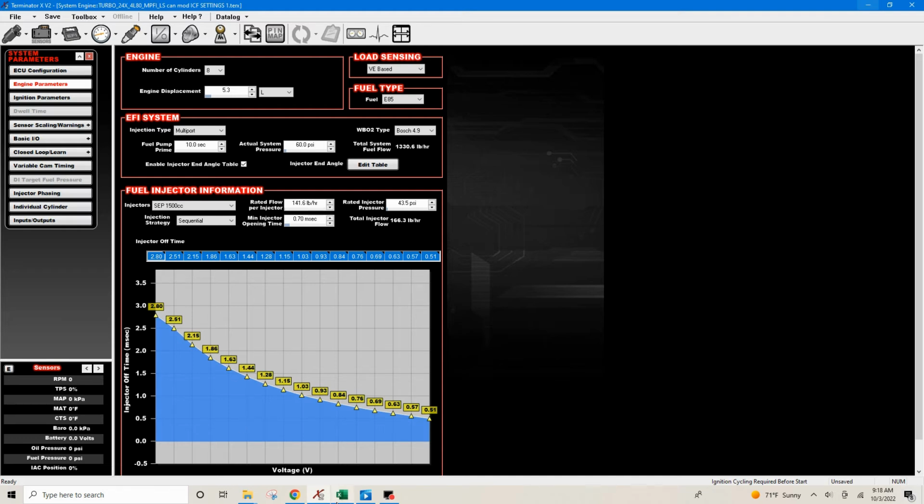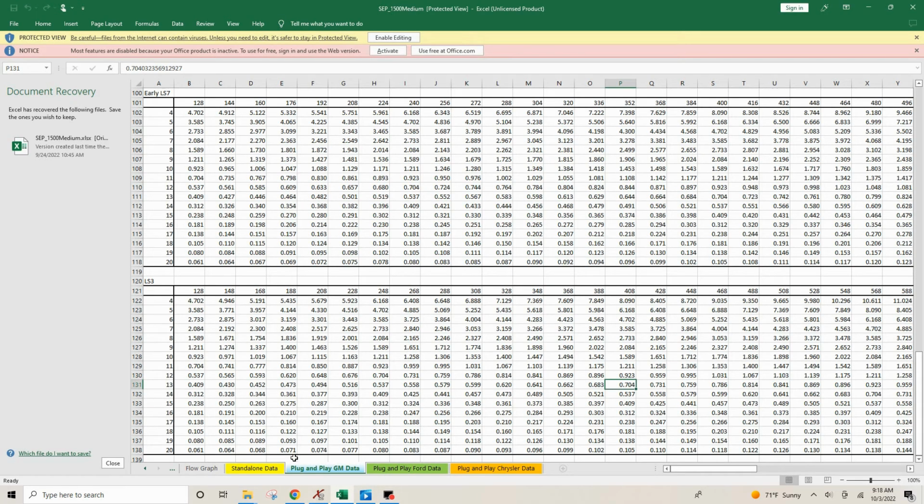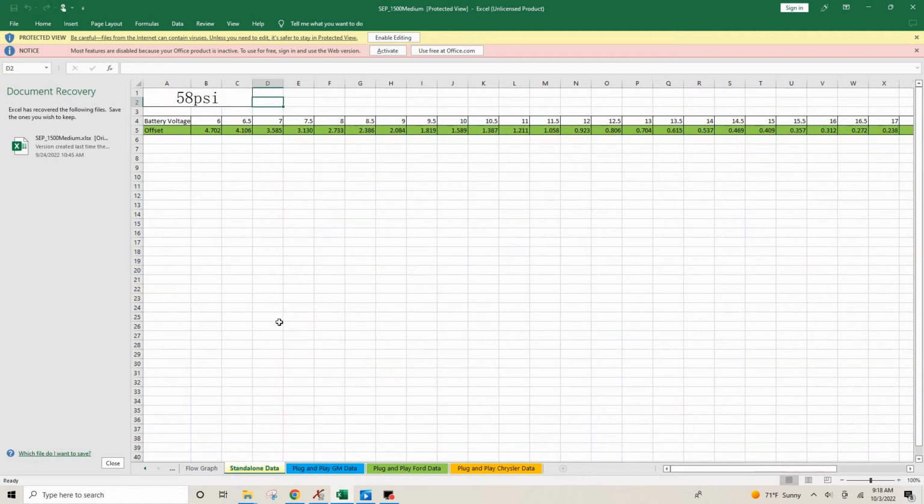And we can get this information again right here. Snake Eater makes it very easy for anybody to do this. That's why I can't stress enough, it is very important to buy an injector from an injector manufacturer that provides this information, because it's important that you enter this information into whatever standalone system that you're using, even on HP Tuners.